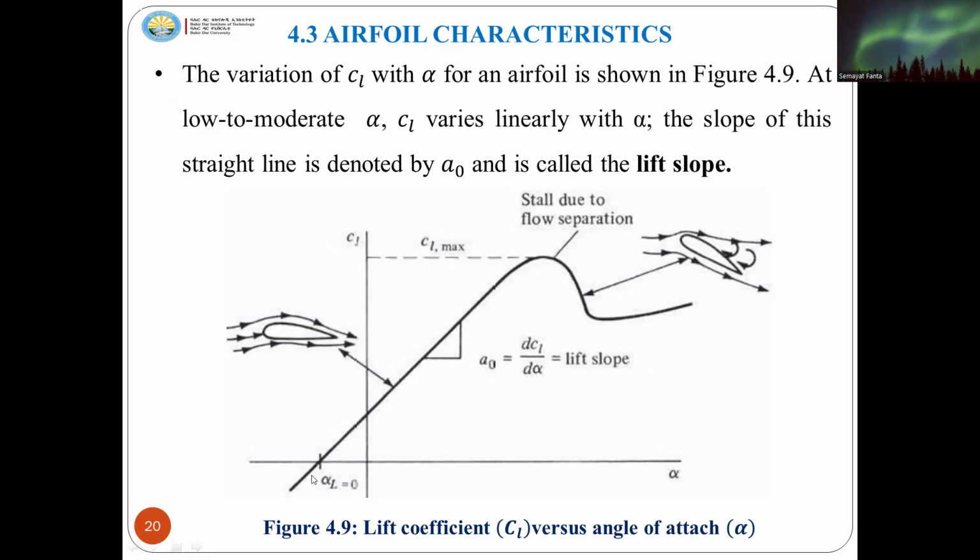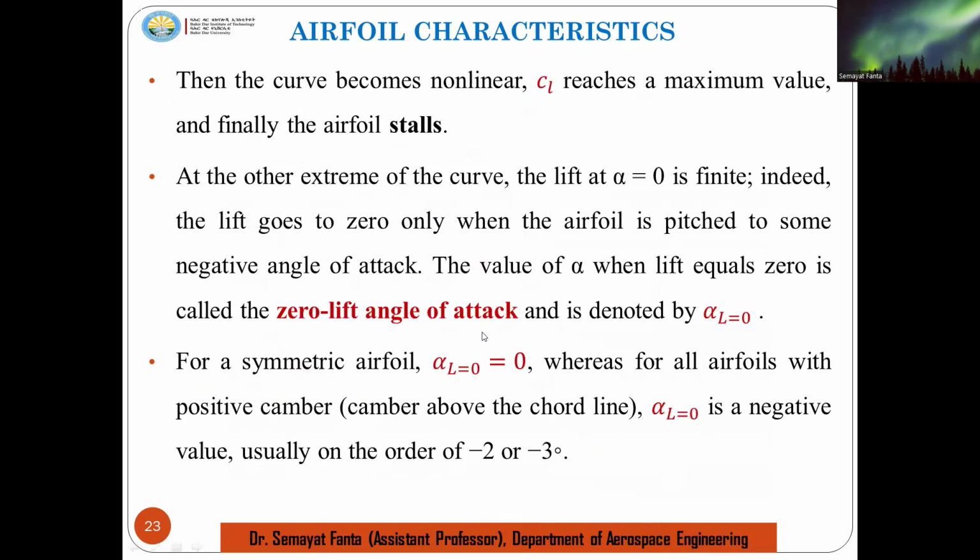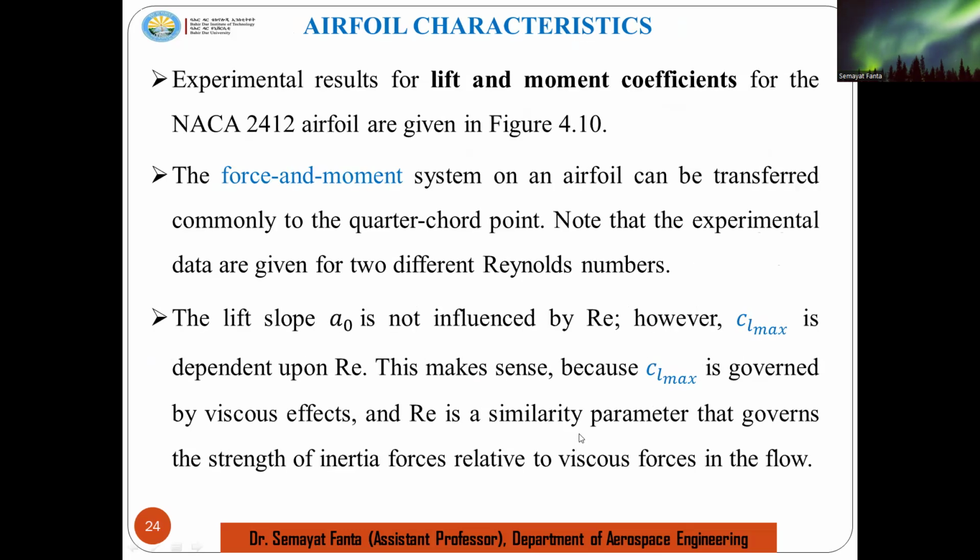But here alpha is negative while CL is 0. That is alpha L equal to 0, the point where lift is zero. For a symmetric aerofoil, alpha at L equal to 0 is 0, whereas for an aerofoil with positive camber, alpha L equal to 0 is a negative value, usually on the order of -2 or maybe -3 degrees, depending.